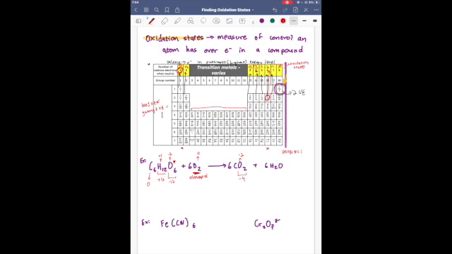Here, I have CO2, which is a compound, which is neutral. So all of the oxidation states need to sum up to be neutral. So if 2 oxygen atoms each have a charge of -2, that leaves carbon, in this case, with +4. Notice the oxidation state changed from the beginning to the end.